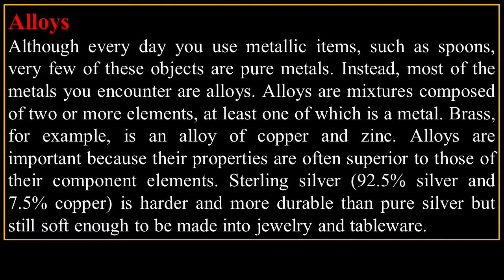Alloys are important because their properties are often superior to those of their component elements. Sterling silver, 92.5% silver and 7.5% copper, is harder and more durable than pure silver, but still soft enough to be made into jewelry and tableware.